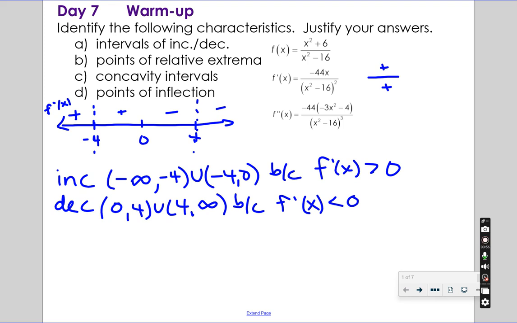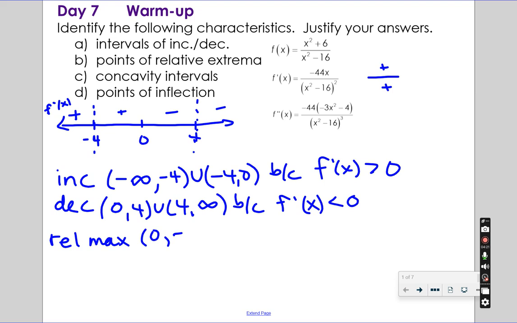All right, can we do any points of relative extrema? Do we have any? Yes. We have a relative max at 0. Relative max, min, and point of inflection are points you can see on the graph. So that means you're going to use f of x to get the y value. So what do we get when we plug in 0?